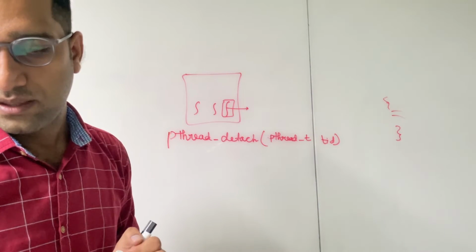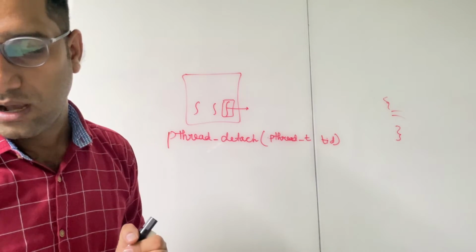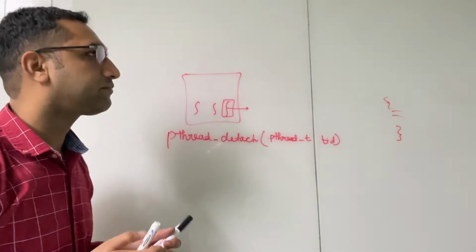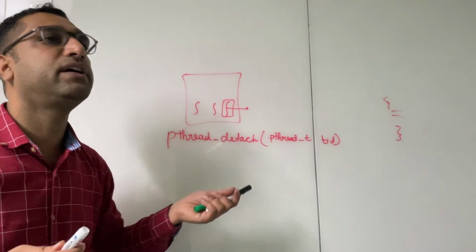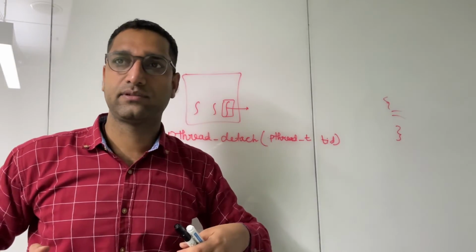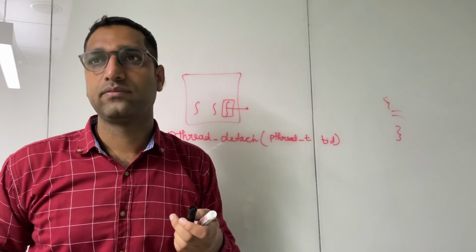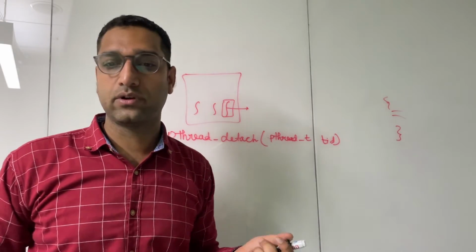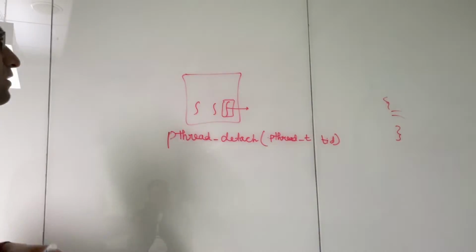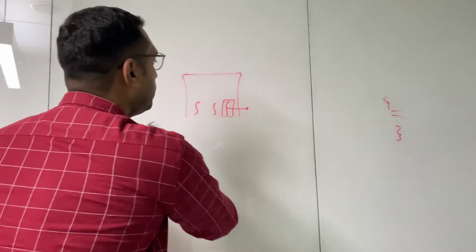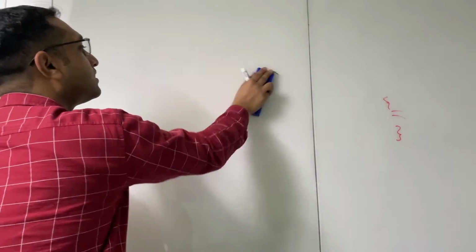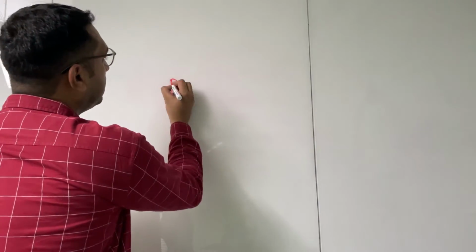Then we have pthread self. A function may need its own ID sometimes. Maybe it wants to change its own thread attributes. So for that we have a call known as pthread self.